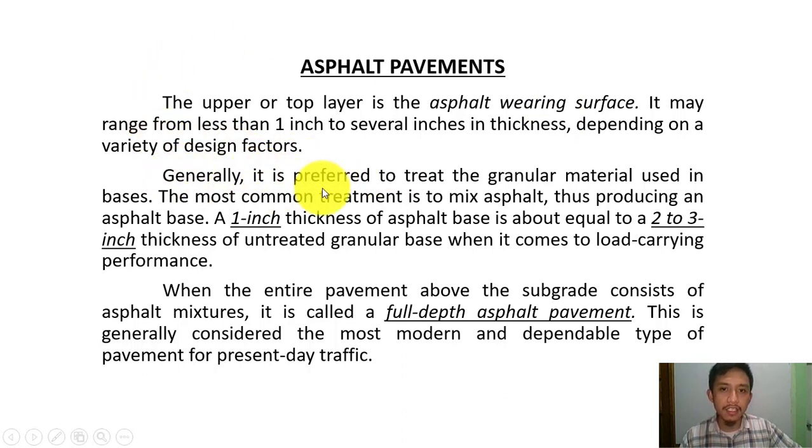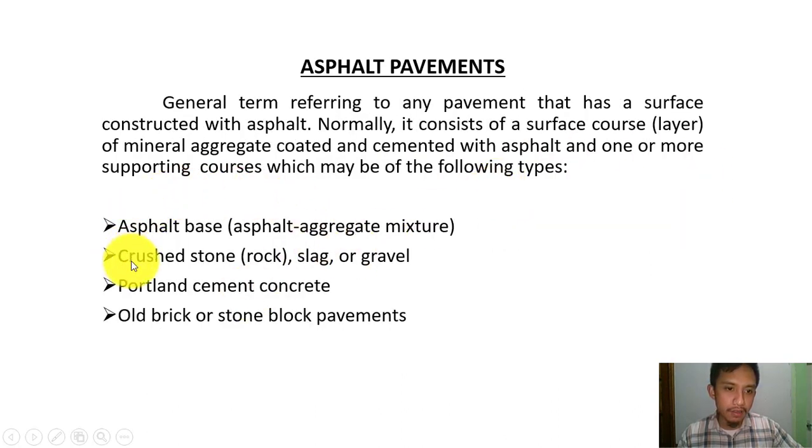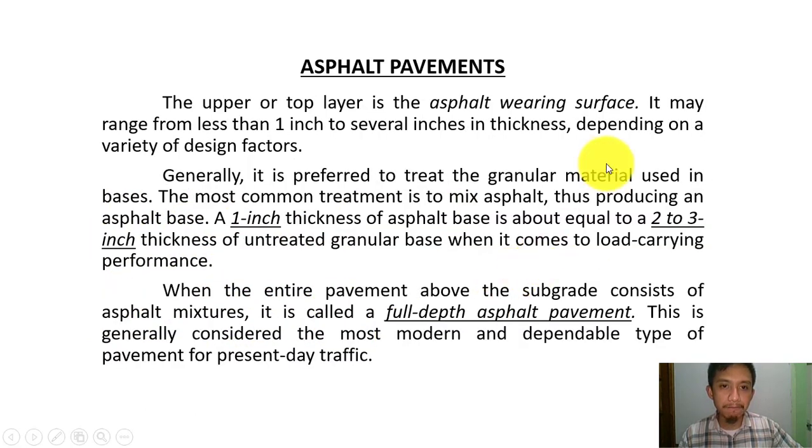Okay, generally it is preferred to treat the granular material used in bases. Okay, so again, if you have much of that material, then we can make use of the extra to treat the granular material base, which could be your crushed stone, old brick, or this Portland cement concrete, so that will now be an asphalt base.